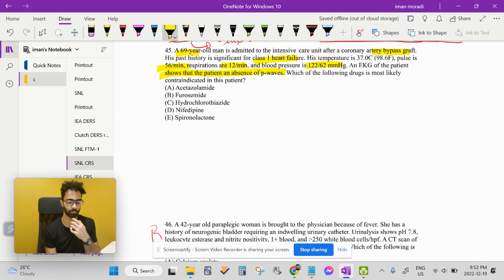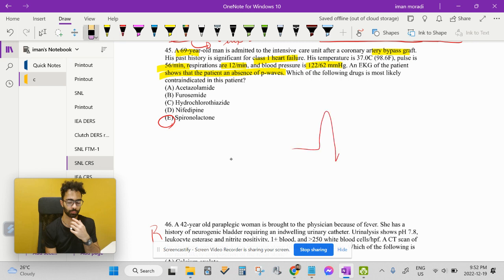Uh-oh. Okay. So absence of P wave, what does that mean? The answer is spironolactone, I think. And I'll tell you why in a second.